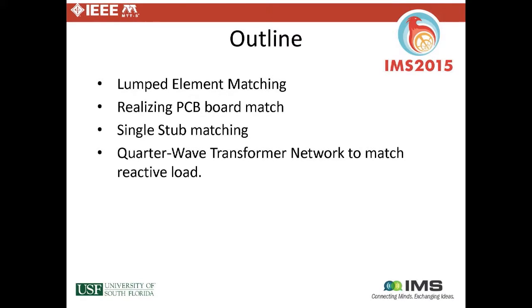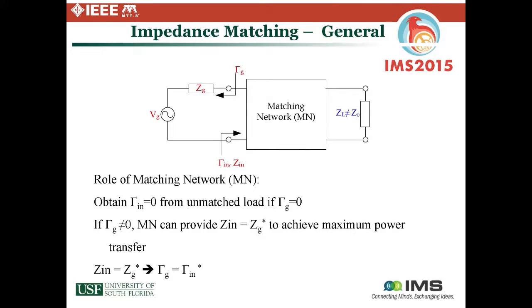We'll also briefly talk about distributed matching from the point of view of stub matching and quarter wave matching. So in a matching network, our goal is typically to match from something that is not equal to the system impedance, which often, not always, is 50 ohms. For the purpose of this talk, just assume our system impedance is 50 ohms, but it doesn't have to be.